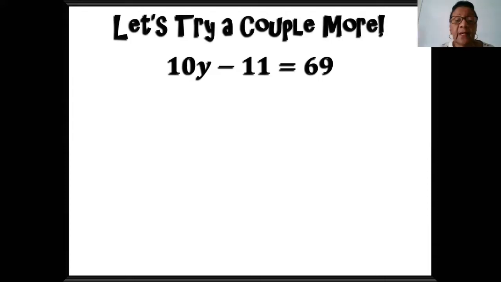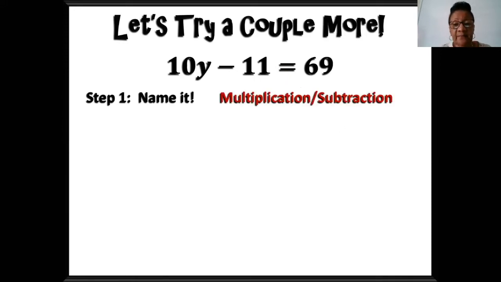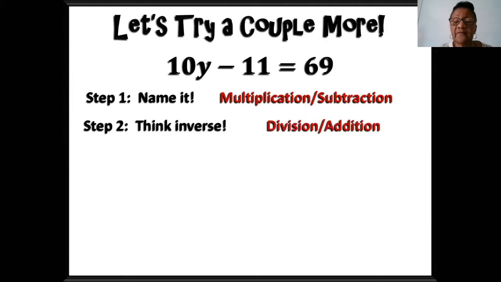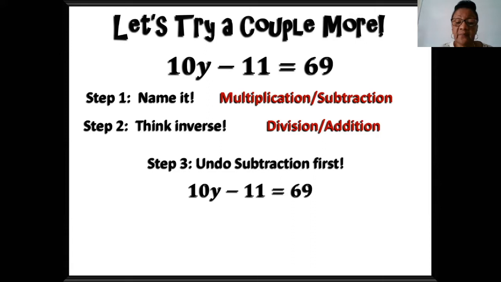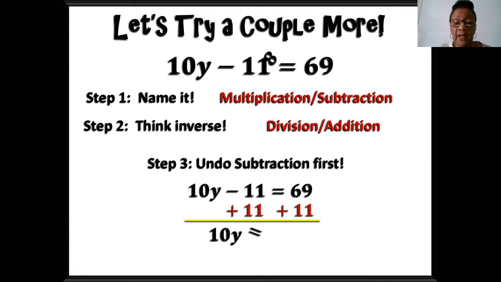Okay, let's see. 10y minus 11, we name it. And so we know it's a multiplication and a subtraction operation. Think of the inverse of that, which gives us division and addition. So we can now undo the subtraction. To undo the subtraction, we will add 11 to both sides. When we add 11 to both sides, we now have 10y is equal to 80.